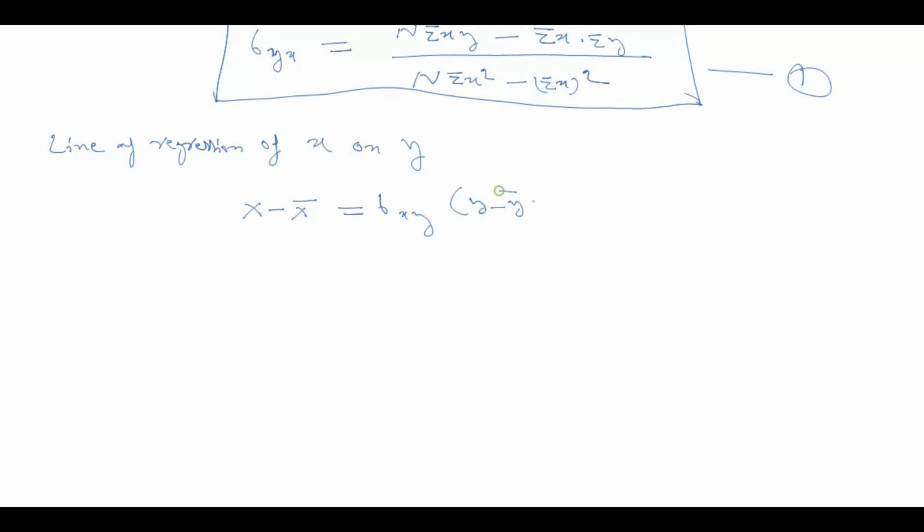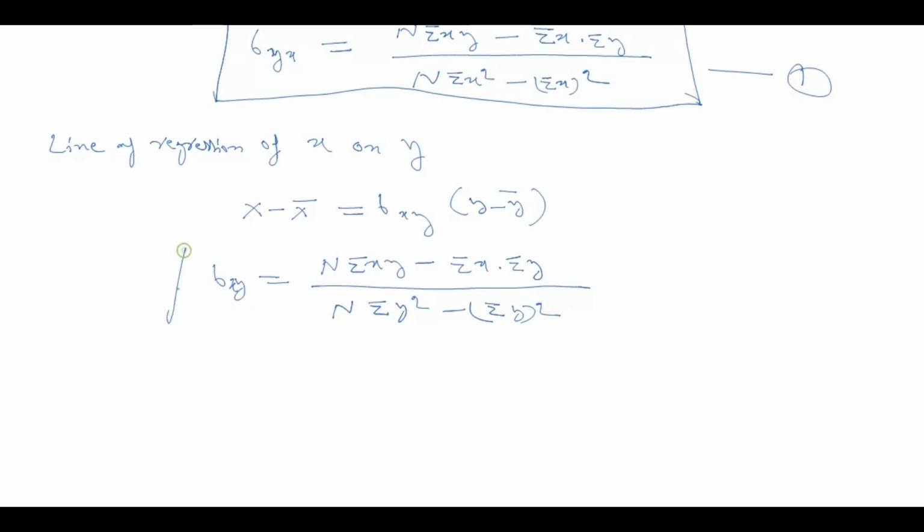x minus x bar equal to bxy into y minus y bar. Here actually simply the x will be replaced by y. Here our bxy will be n sigma xy minus sigma x sigma y upon n sigma y square minus sigma y whole square, right?